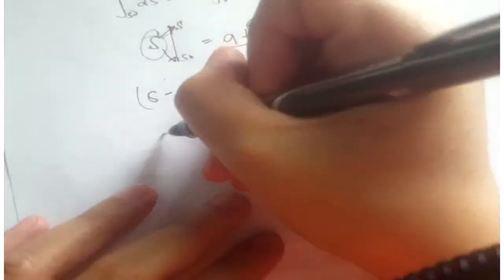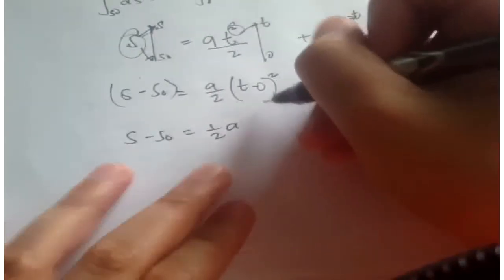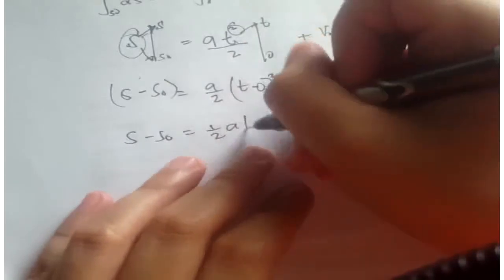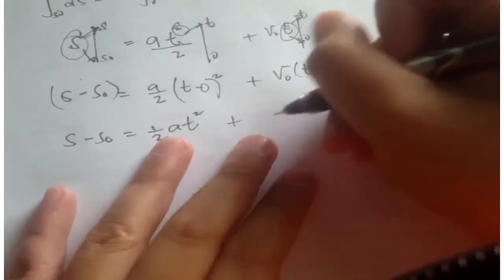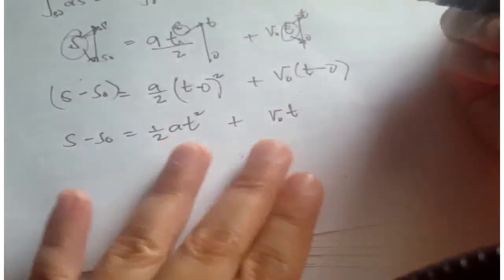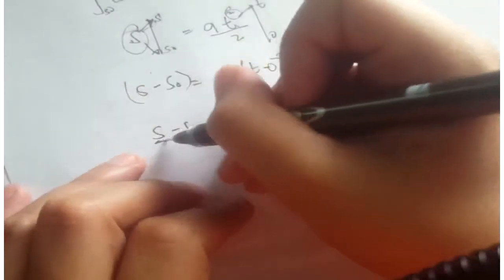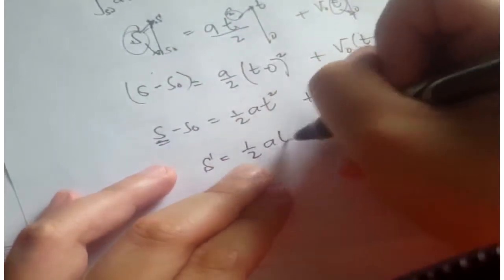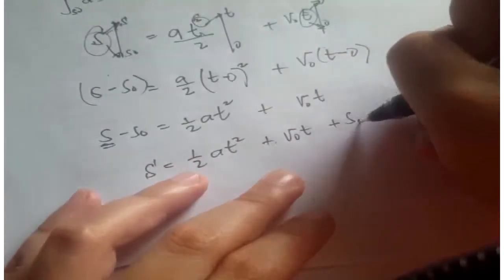So from here we can solve for s, or position, is equal to 1/2 a t squared plus v sub 0 t plus s sub 0.